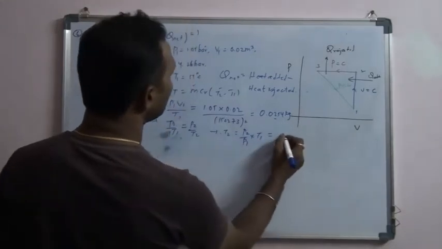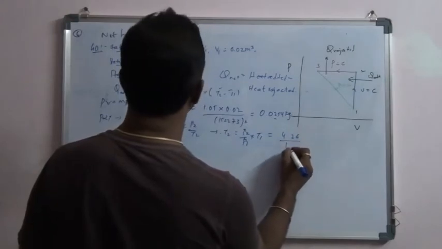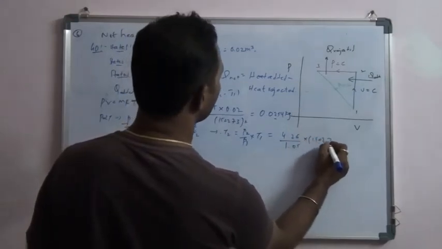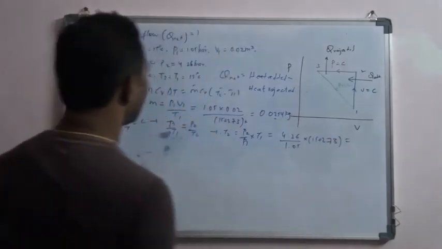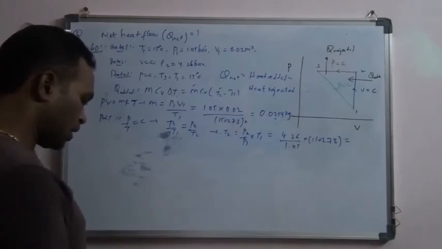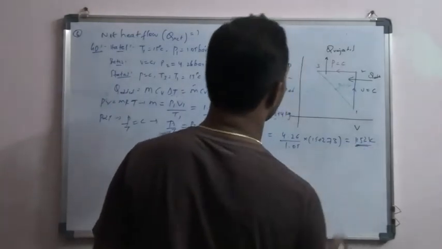P2 is 4.26 bar by 1.05 bar into T1, 15 plus 273. The T2 value which I got is 1152 Kelvin.